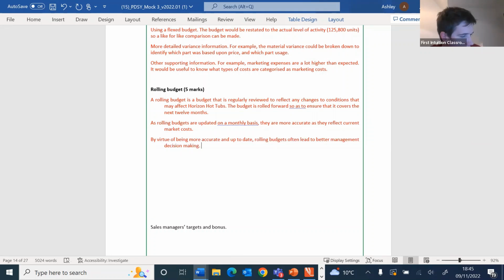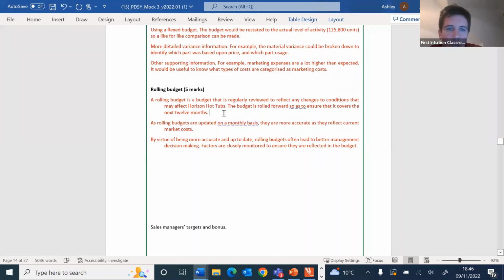Okay. Factors are closely monitored to ensure they are reflected in the budget. So my two there are, based on what Caroline has said, they're more accurate because they're more up to date, and what that tends to mean is that they will lead to better decisions. Okay, so Horizon would benefit for those reasons.